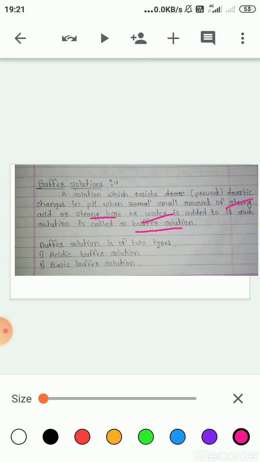Now first, remember how these buffer solutions are prepared.